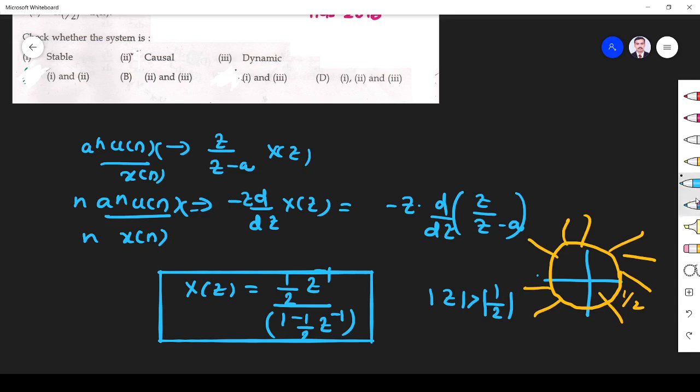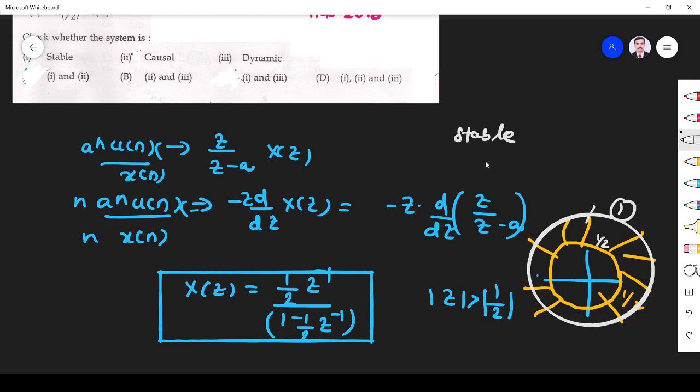If you draw a unit circle, for a stable system the ROC should include the unit circle. ROC greater than 1 by 2 includes the unit circle, so it is a stable system. Confirmed.